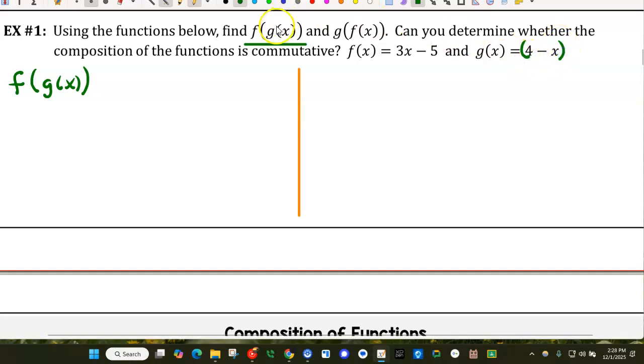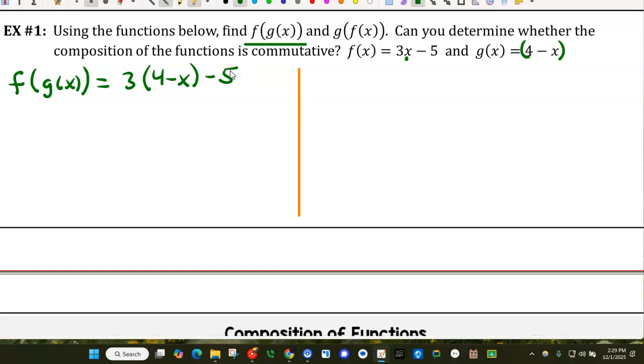So in f, I substitute every x, not with a number. Like if this is f of 4, I just do 3 times 4 minus 5. Instead, I replace x with this entire function, 4 minus x. Nothing more than that. So I'll have 3 times (4 minus x), and then minus 5. And you have composed your functions.